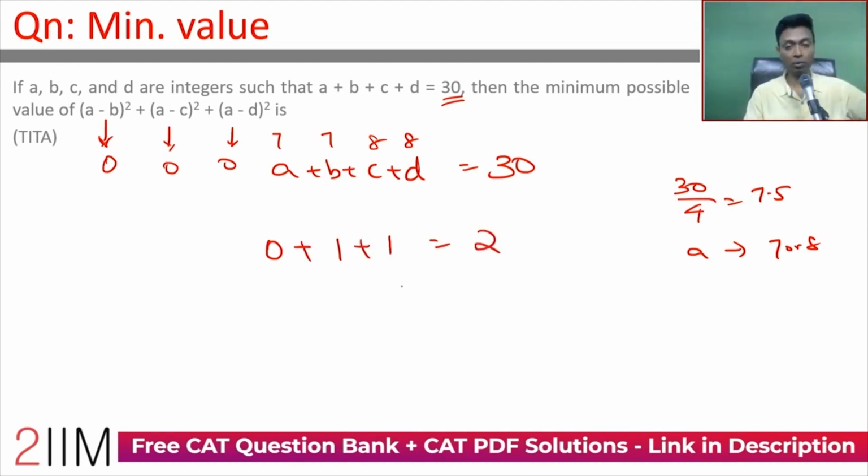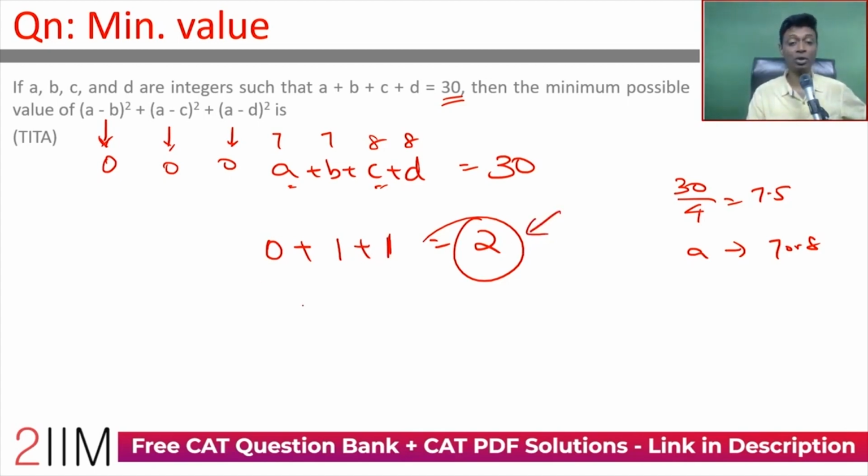Wonderful. So this looks like this will be the minimum. Let's convince ourselves. Fine. So if the difference is more than 1 anywhere, that difference square is going to be 4. So we cannot have 0 plus 0 plus 4. We have one difference being 2. We cannot go lower than this. So all the maximum should be 1.